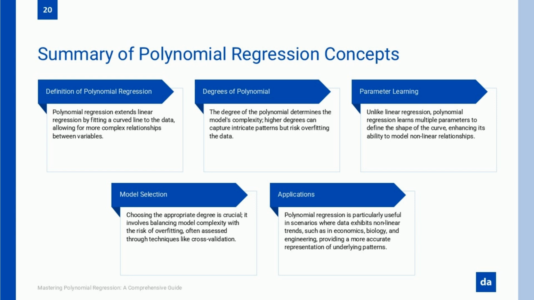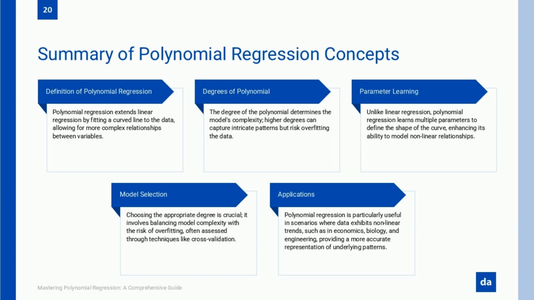To improve generalization and prevent overfitting, regularization techniques such as ridge regression (L2) and lasso regression (L1) are commonly used. Ridge regression penalizes large coefficients, reducing model complexity without removing features, while lasso regression can eliminate less important polynomial terms, simplifying the model while maintaining predictive accuracy.